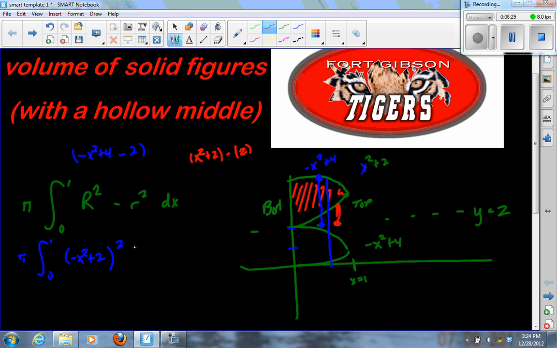So this is just x squared. Little r is x squared. Okay, so you'll want to FOIL all this out. Negative x squared times negative x squared is positive x to the 4th, minus 4x squared, plus 4, minus x to the 4th.